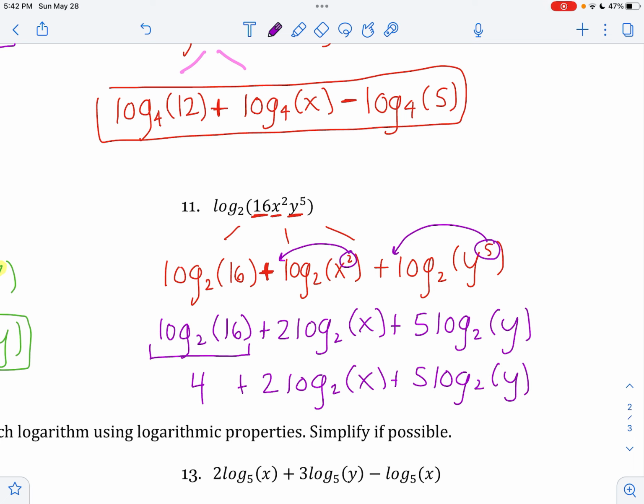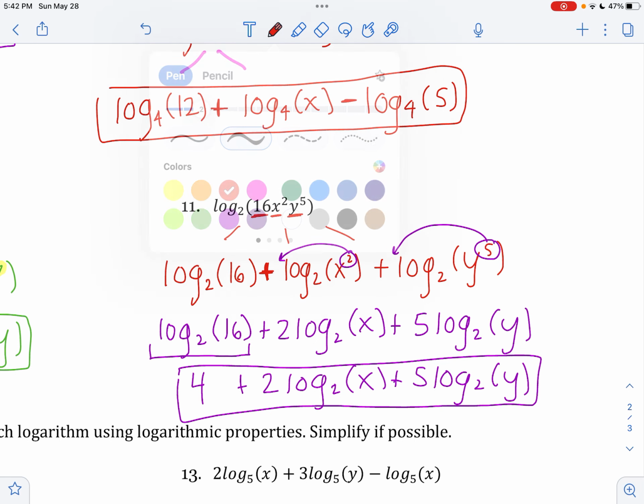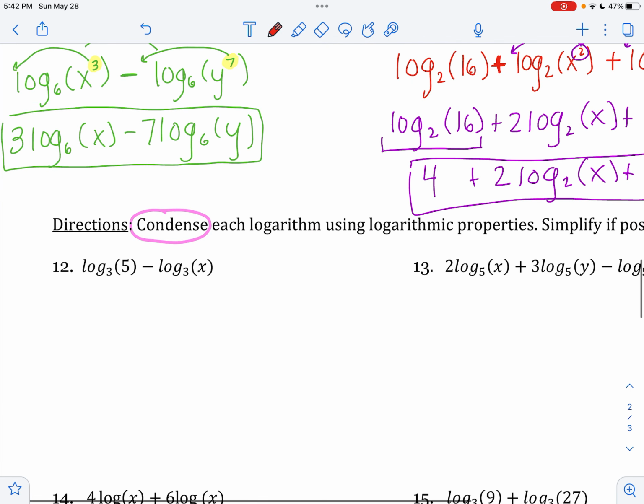Okay. Now, the next one is going to say condense. Condense means get smaller. We just got bigger. We took 1 log and we split it into multiple pieces. Now we're going to take the multiple pieces and condense them, make them smaller. We're going to combine them into 1 log. So notice here there's a minus. When you have subtraction, that means you're going to divide.